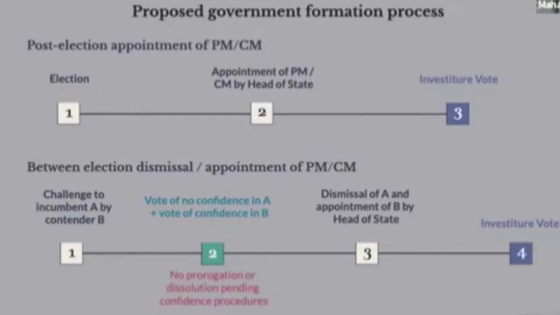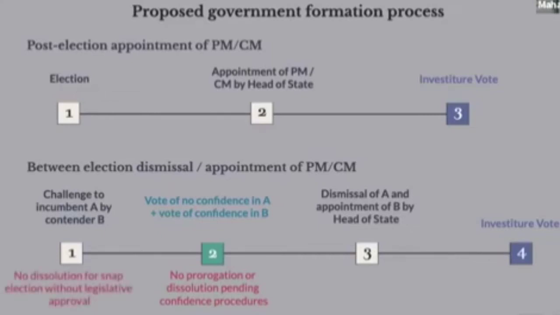But two other aspects. This is also tied into the recommendations on the regulation of the dissolution of the legislative house. Yeah. So laws can be created so that while a vote of confidence is happening in a legislative body, no prorogation or dissolution of that legislative body can occur.